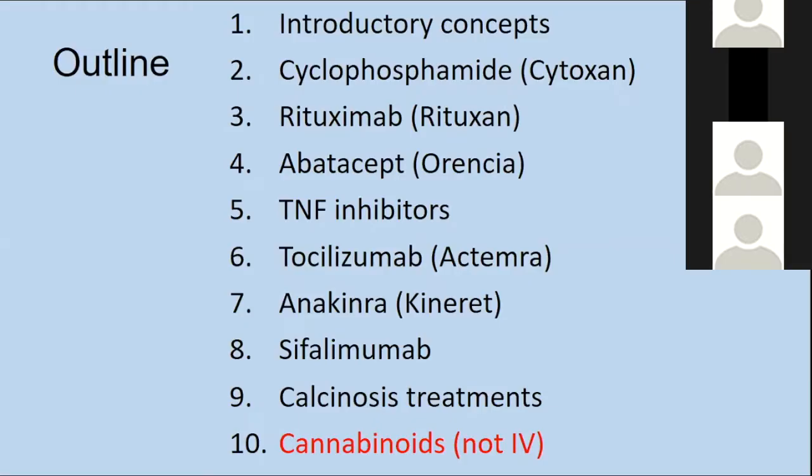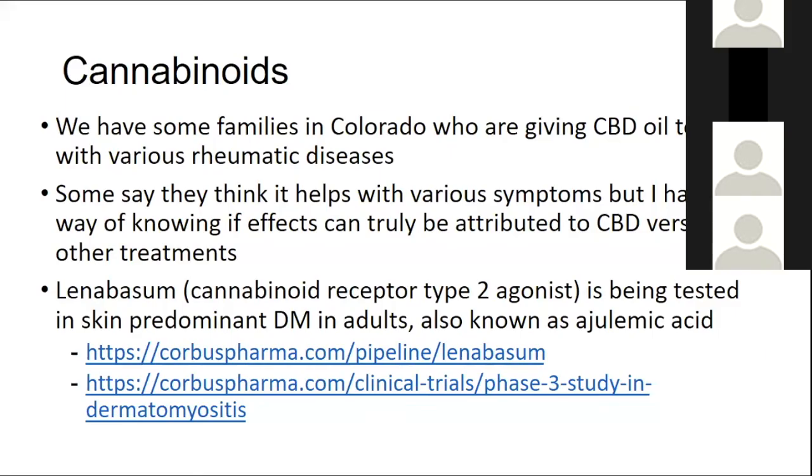And then we got a question from a family about CBD oil. So I thought that I'd talk briefly about cannabinoids. Living in Colorado, where medical marijuana is legal and recreational marijuana is also legal, there are a lot of stores that sell CBD oil.